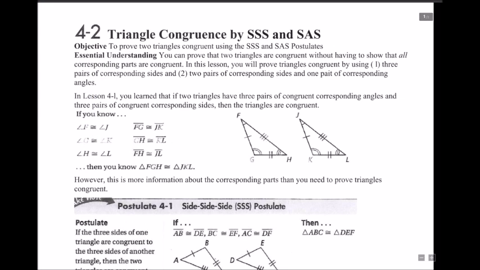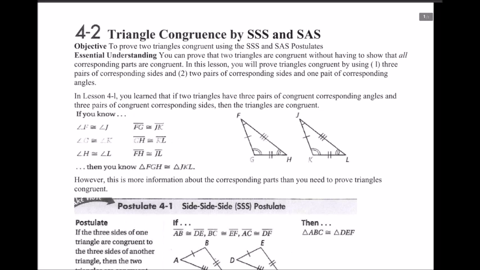4.2 Triangle Congruence by SSS and SAS. If you remember from last lesson, we had to prove that our figures were congruent by showing that all corresponding sides were congruent and all corresponding angles were congruent. And after a couple of proofs of that, I'm sure you are saying there has got to be a better way.